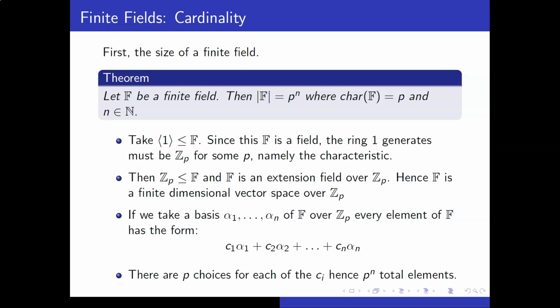So there are p choices for each of those coefficients. Hence, when I multiply them together, I get p to the n total elements. So I get that there are p to the n, and moreover, p comes from the characteristic and n comes from the dimension of the space over Z mod p.